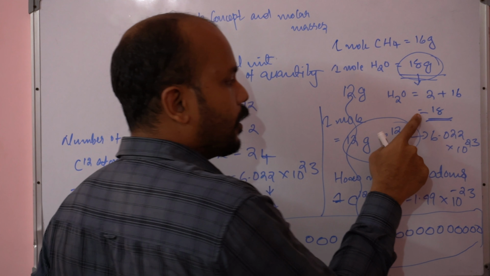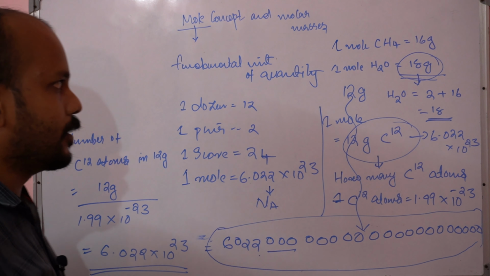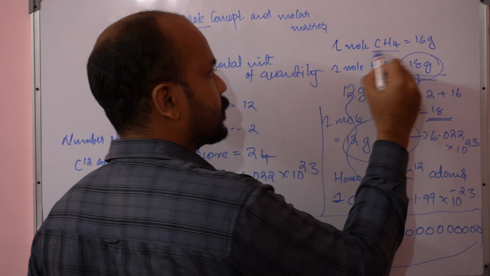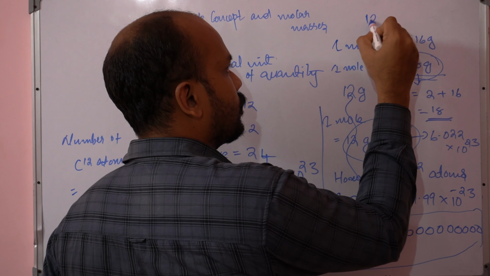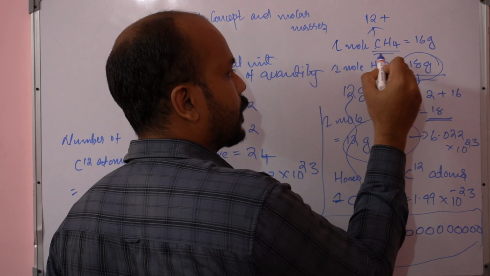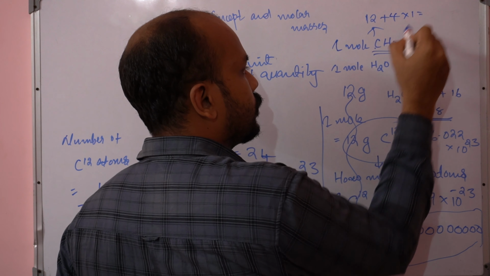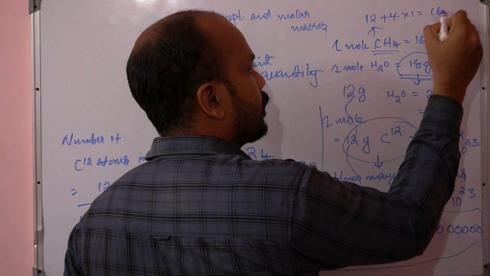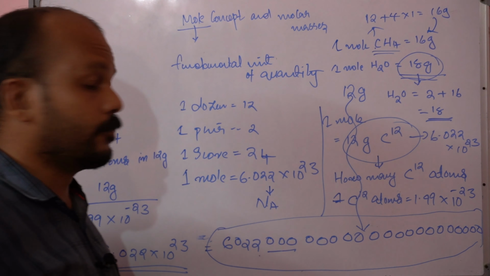So the molecular weight of water is nothing but 18. Here also you can see the molecular weight of CH4: 12 is the gram atomic mass of carbon, and 4 into 1, that is going to be 16. So that is the gram molecular weight of methane.